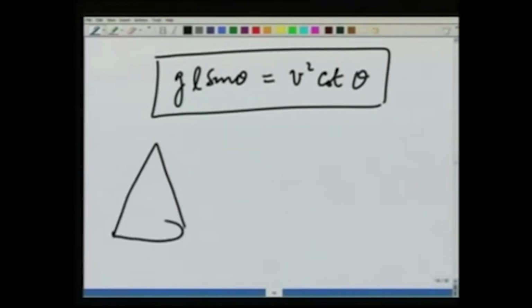I have to find another equation, and that equation comes if I take torque about this point. Earlier we took torque and angular momentum about that point.